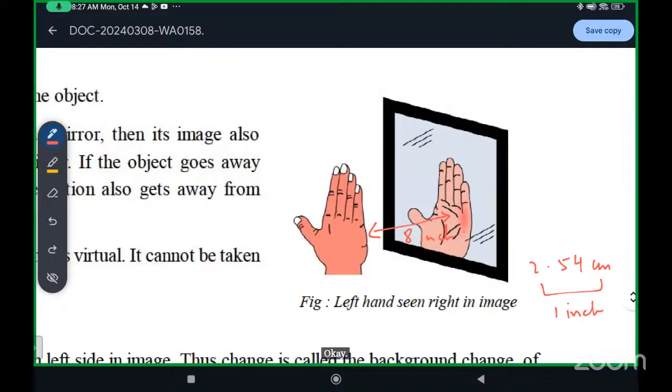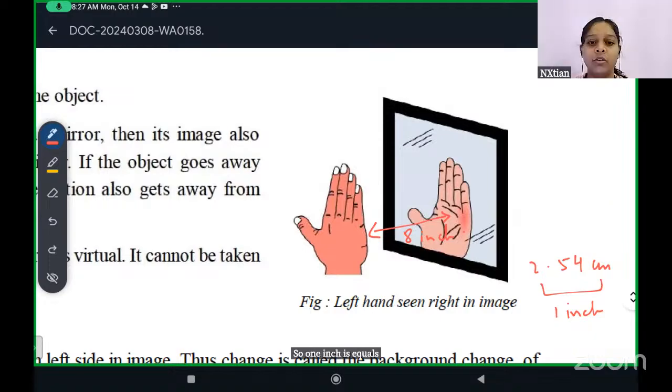So 1 inch is equal to 2.54 centimeters. On the scale, you have seen centimeters. One side is centimeters, the other side is inches. How are those inches divided? On this basis: for every 2.54 centimeters, there is 1 inch. All right. Got it, Abraham?